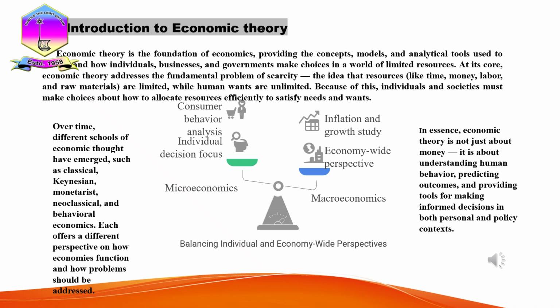Each offers a different perspective on how economies function and how problems should be addressed. In a sense, economic theory is not just about money, it is about understanding human behavior, predicting outcomes, and providing tools for making informed decisions in both personal and policy contexts.